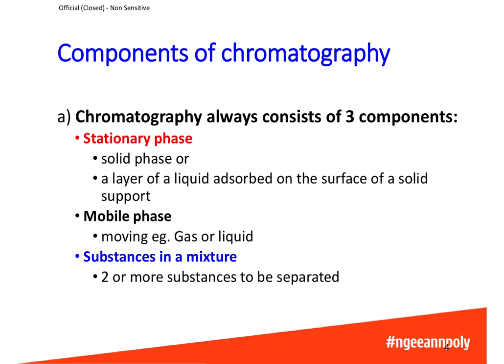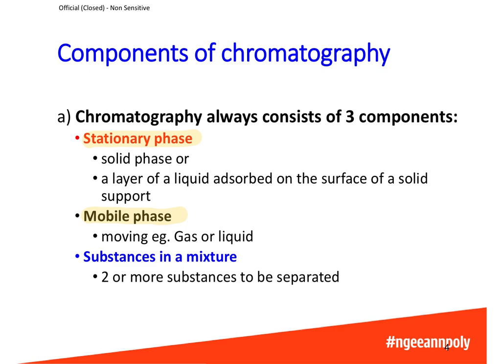But no matter which chromatography we are referring to, chromatography always consists of three components. First, we have the stationary phase, which is a solid phase or a layer of liquid that is adsorbed onto the surface of a solid support. The stationary phase does not move, that's why it's called stationary. Next, we have the mobile phase.